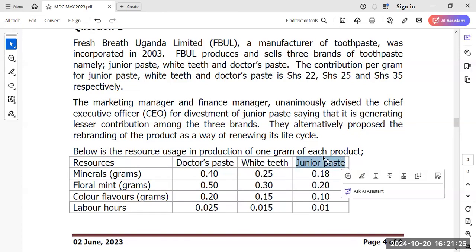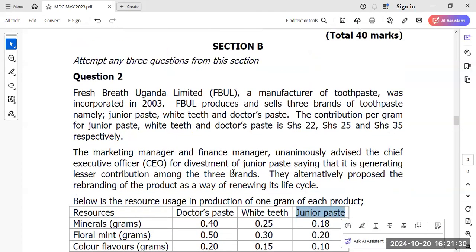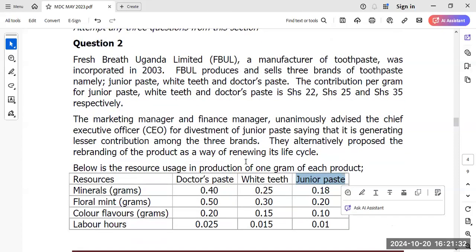So you need to make sure that you align in order, not to mess up.